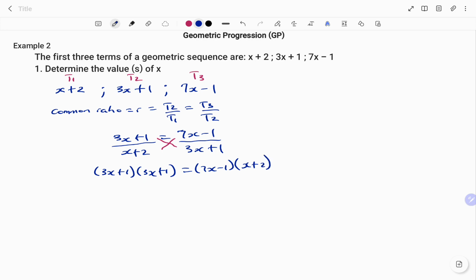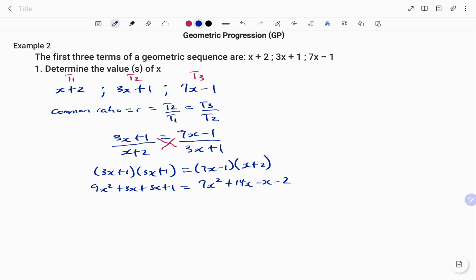If you expand each side, I'm going to have 9x squared plus 3x plus 3x plus 1 equals 7x squared plus 14x minus x minus 2. You can pause the video and expand yourself to see.